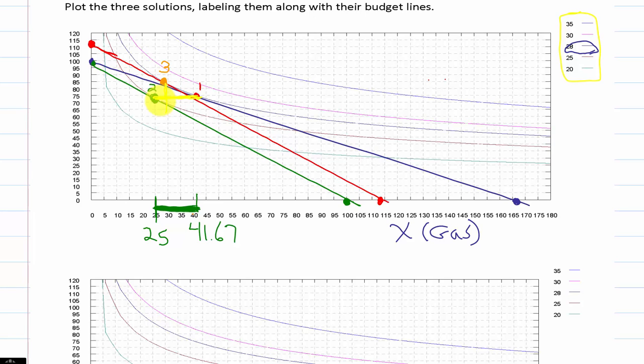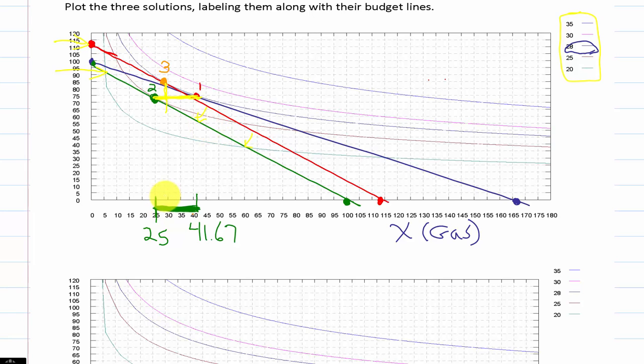Which is which? Well, an easy way to tell is what's happening here when we go between the red budget line and the green budget line. It's a parallel shift downward. Now, a parallel shift of a budget line means that we're giving you either more income or less income. And so the movement between the solution on the red budget line and the green budget line, that's the income effect, right?